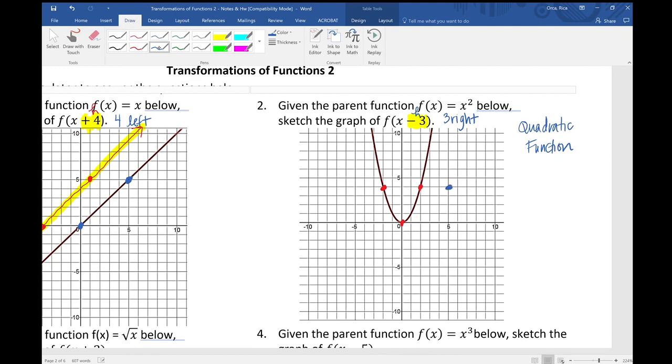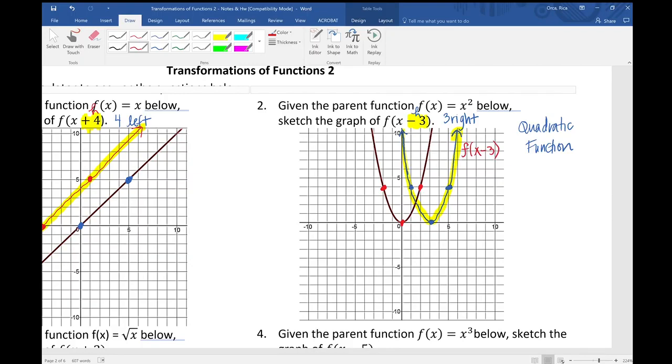Now let's go to (0, 0). Move that 3 units to the right. 1, 2, 3. And let's move (-2, 4) 3 units to the right. 1, 2, 3. Once you have those points, draw your curve. So this is f(x - 3).